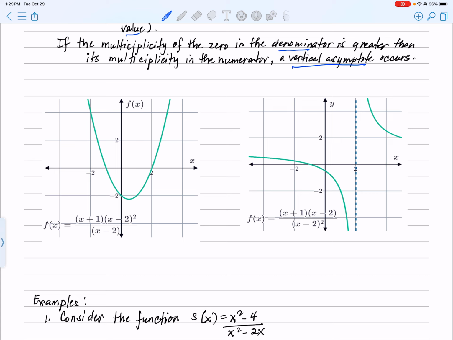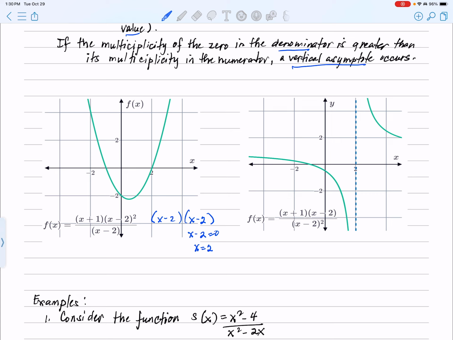Let's look at the multiplicity of x equals 2. If we equate one of the factors, x minus 2 equals 0, so x equals 2. The multiplicity is greater in the numerator.